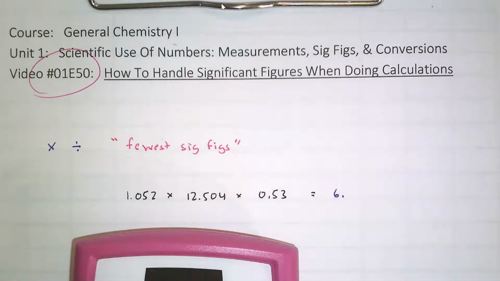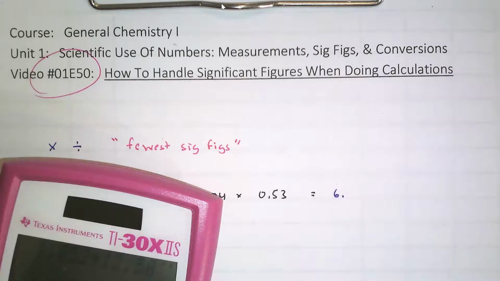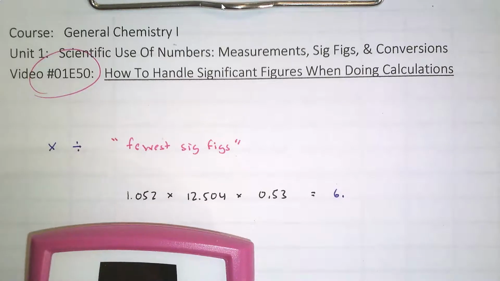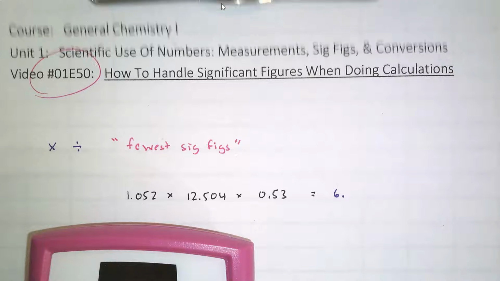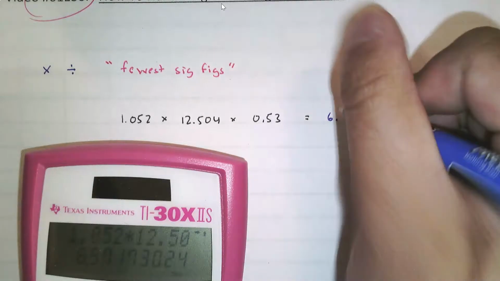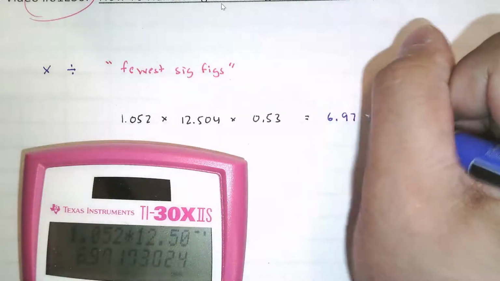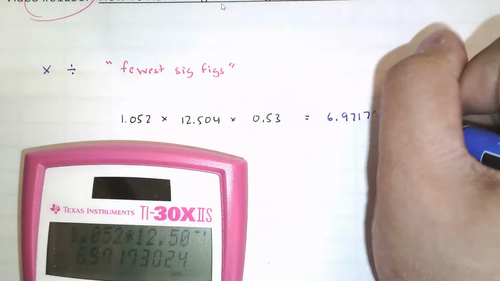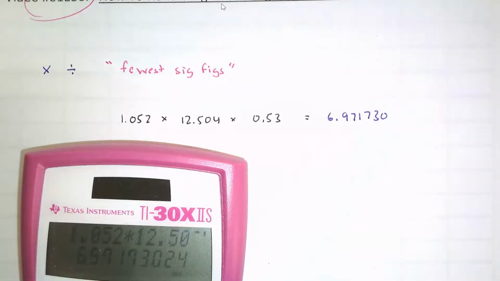I'm looking at my notes and I got a different number than I expected. 1.052 times 12.504 times 0.53. Okay, I think that's what I got. 6.97173, and I'll stop there.